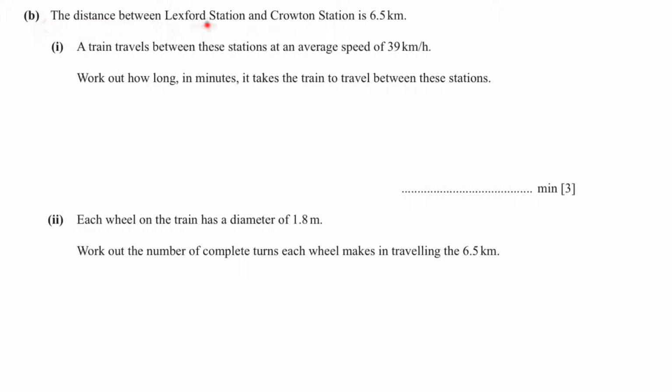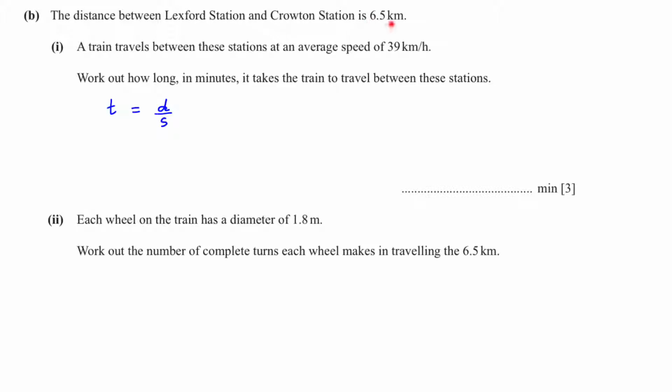The distance between Lexford Station and Croughton Station is 6.5 km. B1, a train travels between these stations at an average speed of 39 km per hour. Work out how long in minutes it takes the train to travel between these stations. To find time, we use the formula time is equal to distance over speed.